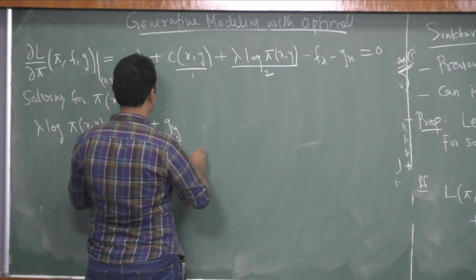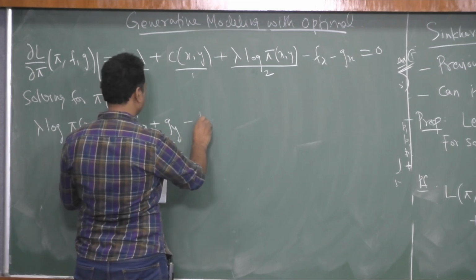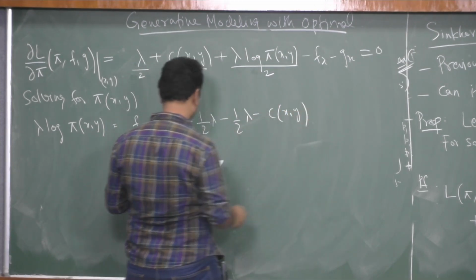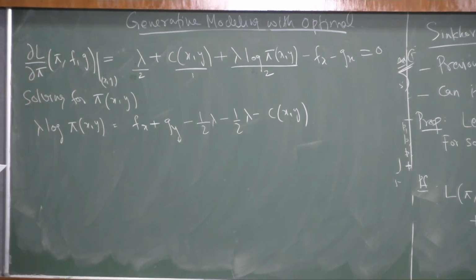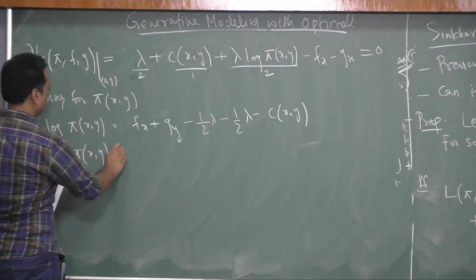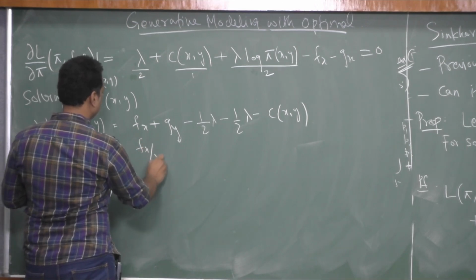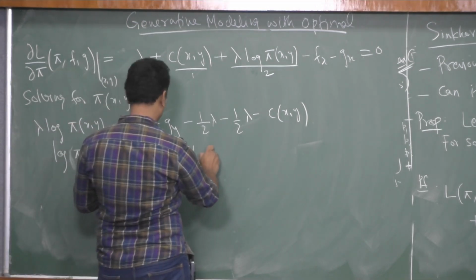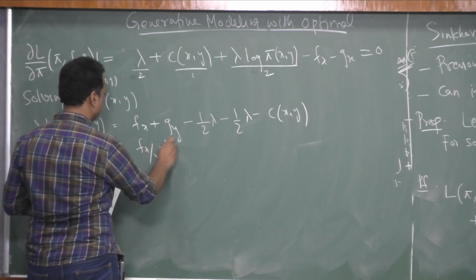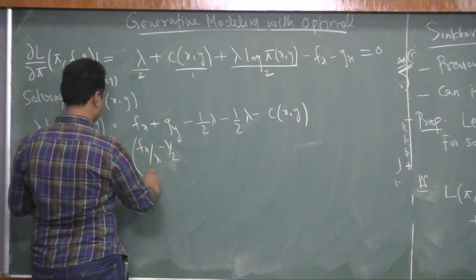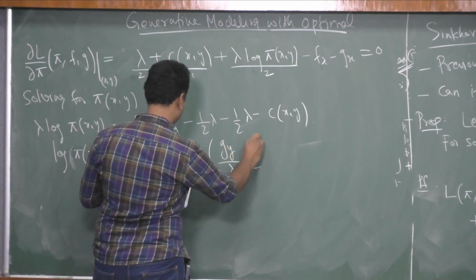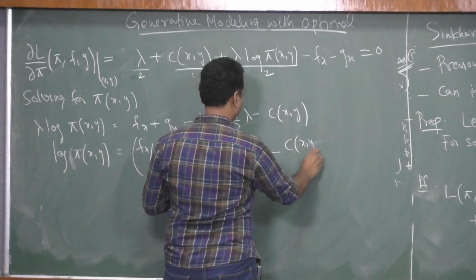So I write this as minus half lambda minus cxy. Okay, and then I divide by lambda throughout. So pi xy is fx by lambda plus gy by lambda. Okay, but one more step was I will take the half here as well, minus half, group them, plus gy by lambda minus half minus cxy by lambda.